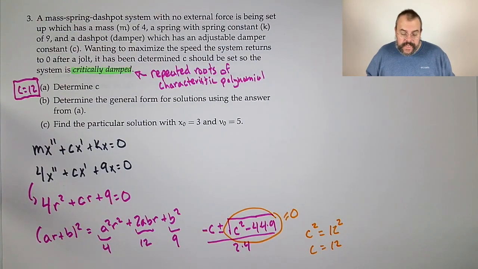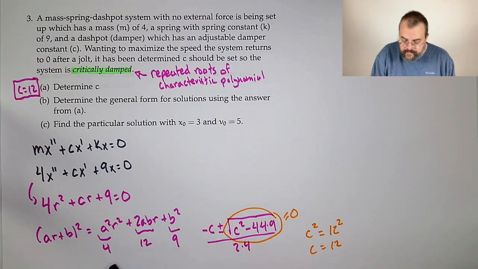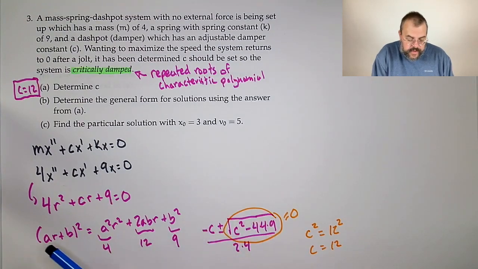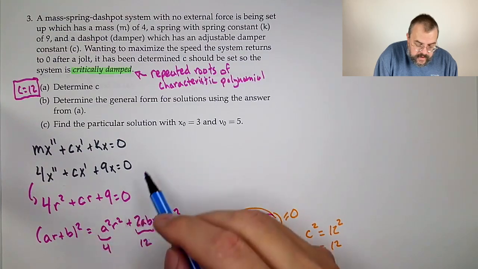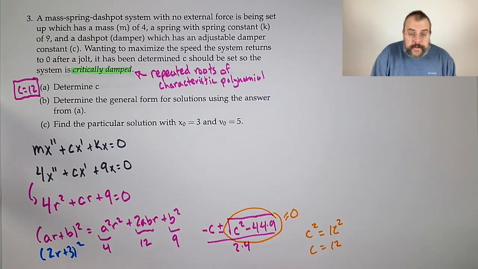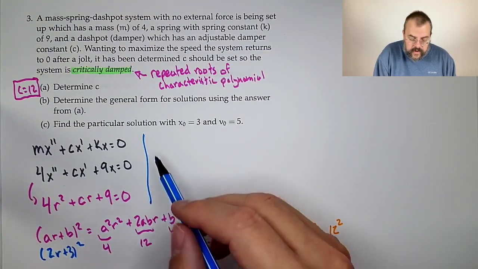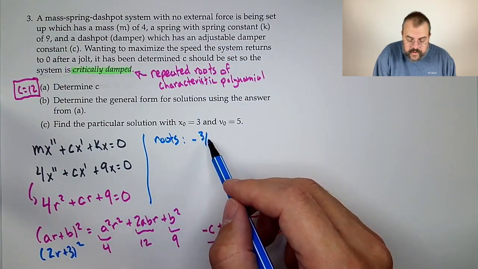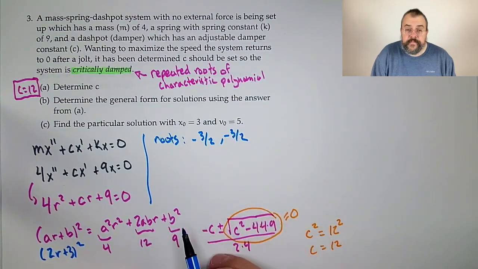Now, part B. Determine the general form for solutions using the answer from part A. So in other words, now we have that c is 12. What's our form? Here, we're actually in good shape. We could find the roots, or we can come here, because we said our roots were going to be (2r plus 3) squared. So that says our roots are going to be minus 3 over 2, minus 3 over 2.